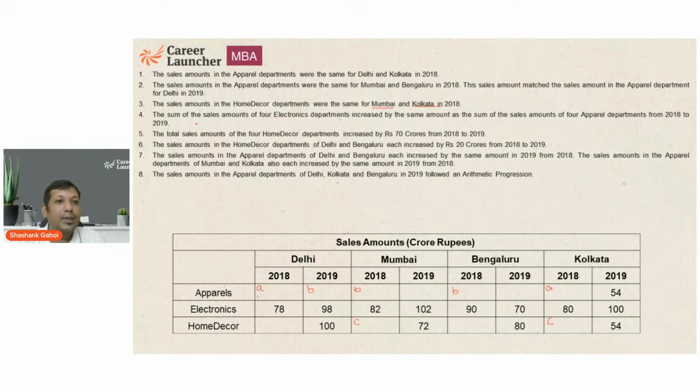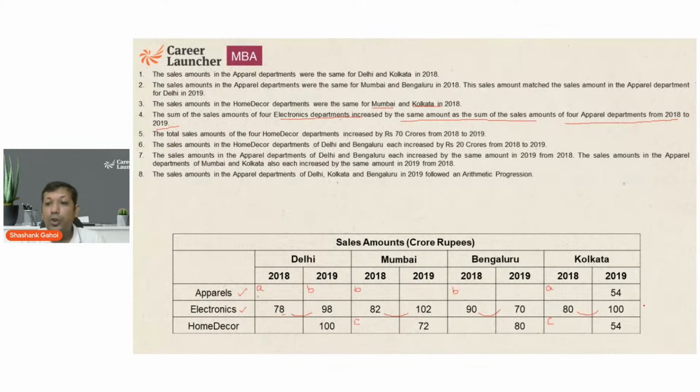Okay. The sum of sales amount for 4 electronic departments increased by the same amount as the sum of sales amount for 4 apparel departments from 2018 to 19. Okay. So the increase in electronics is same as increase in apparels. So here I can say increase of 20, increase of 20, so increase of 40, decrease of 20, so increase of 20, increase of 20.